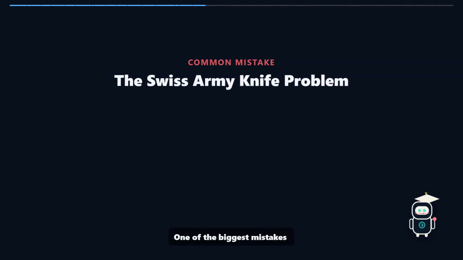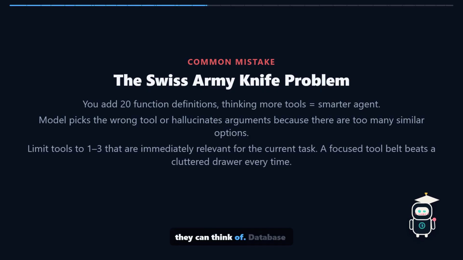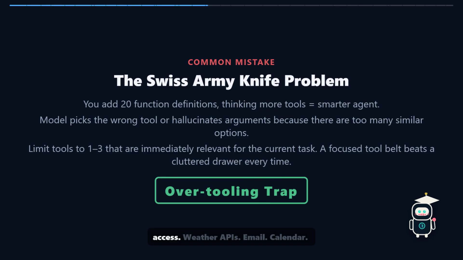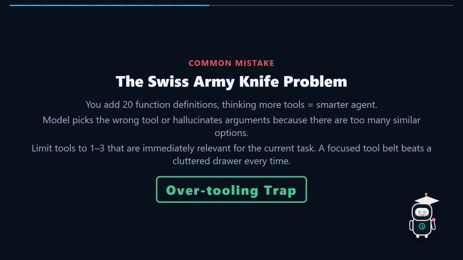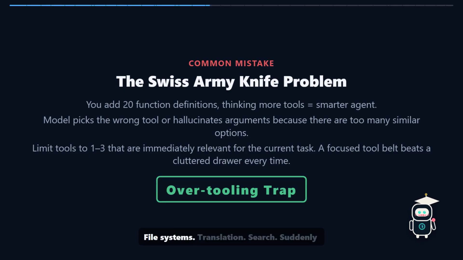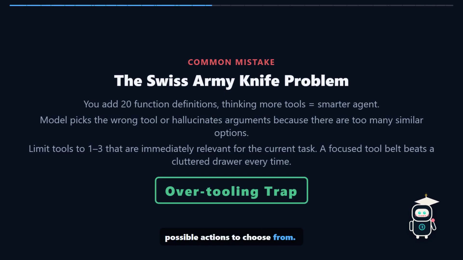One of the biggest mistakes new AI engineers make is giving an agent every tool they can think of: database access, weather APIs, email, calendar, file systems, translation, search. Suddenly, the model has dozens of possible actions to choose from.